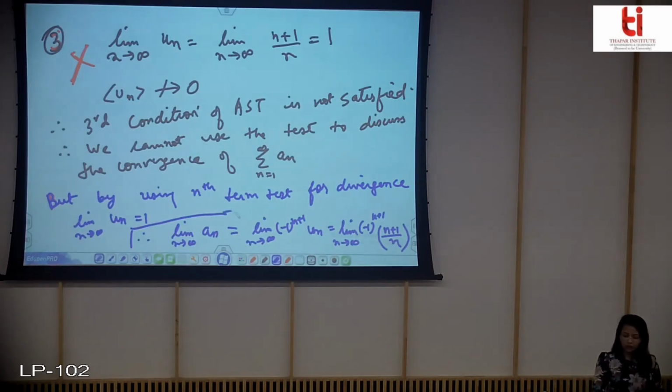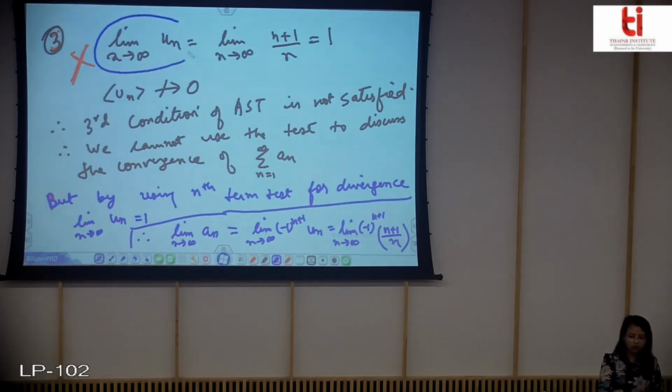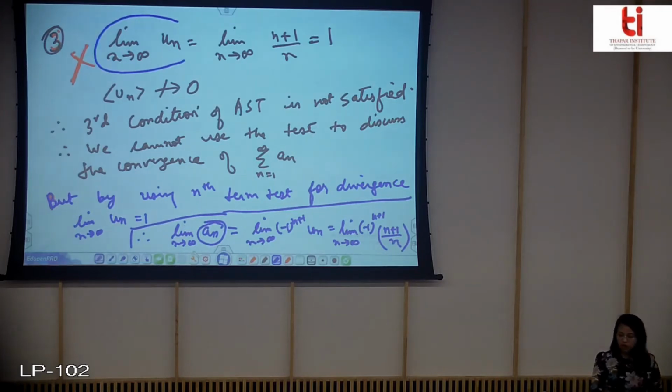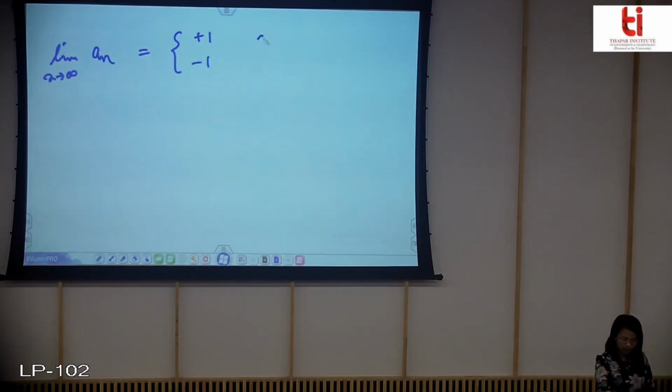So why am I saying all this? Because un not going to 0 implies that the nth term of the alternating series will also not exist. This implies that the limit of an will go to +1 and -1 if n is odd and n is even.